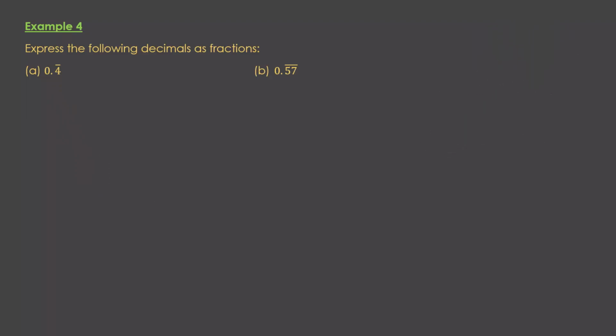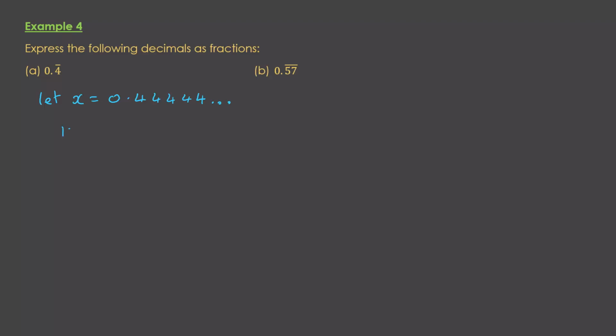But here I'm going to do a particular method, as I said before. So we're going to let x be equal to 0.4 recurring, but I'm just going to write it out at least a few of the decimal places.